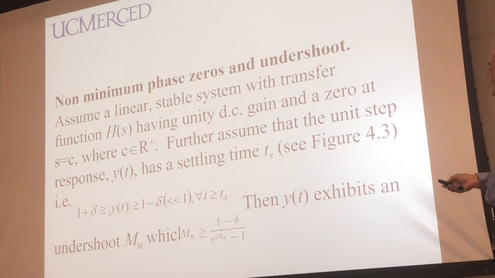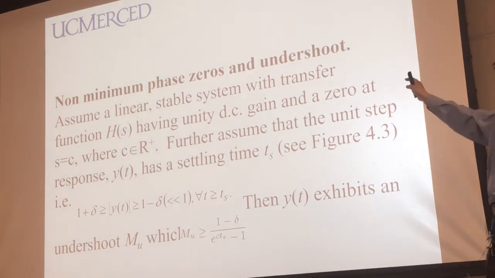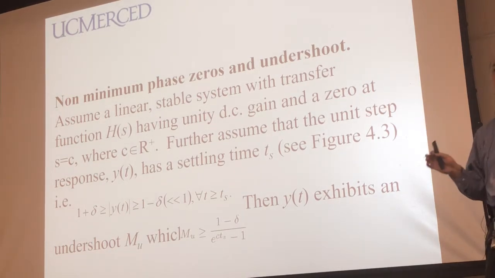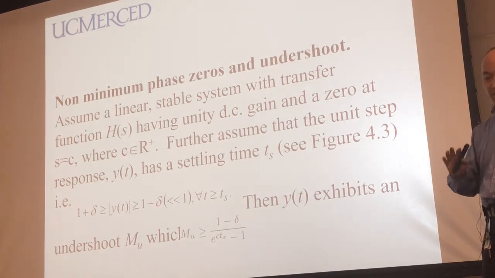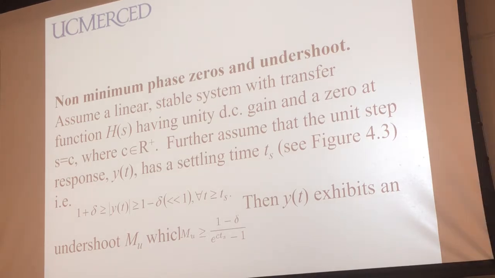The non-minimum phase zero causes an undershoot, a problem ignored by a lot of people. My students in my class must know this. NMP, non-minimum phase zero.